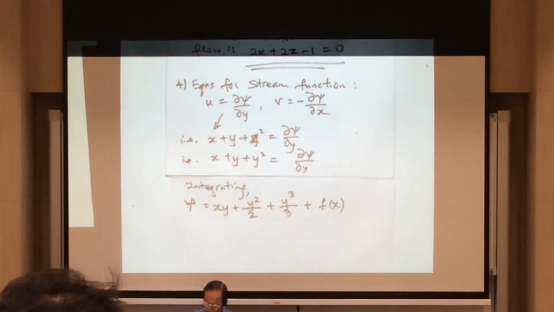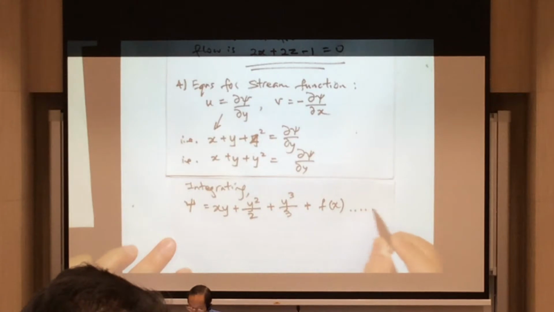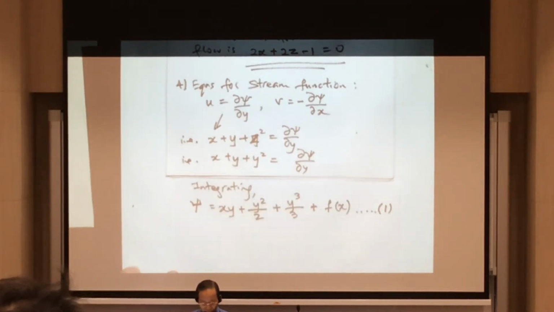Now, we have to find out what this function of x is. So what's the next step? How do we proceed? Okay, let's call this equation 1. So, what next?